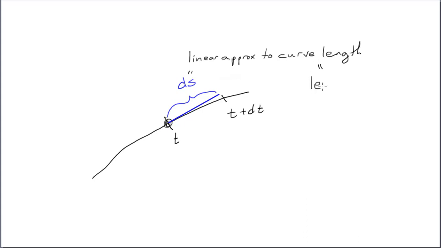Our ds is just a linear approximation to the curve length, and through our parameterization, that's just the length of our scaled down tangent vector. So now, no matter what base we have for our rectangle, a dx, a dy, a dz, or a ds, we know how to do it.